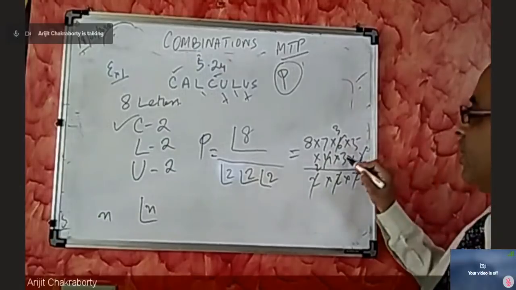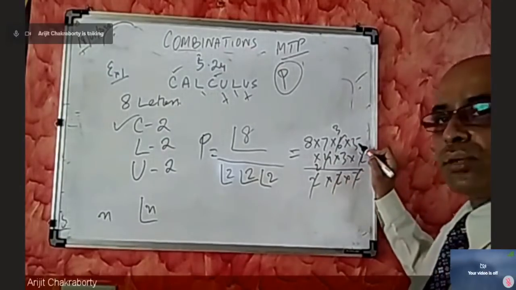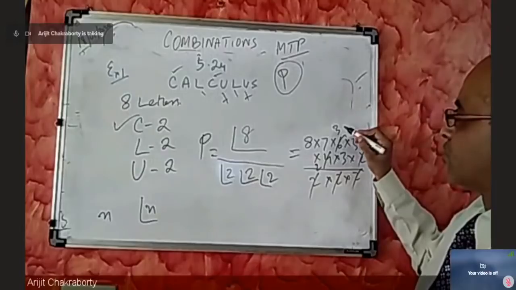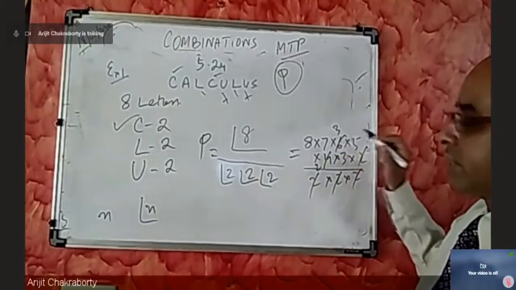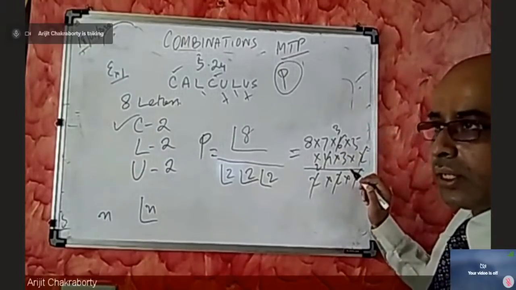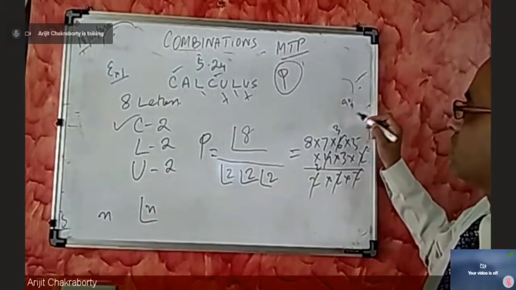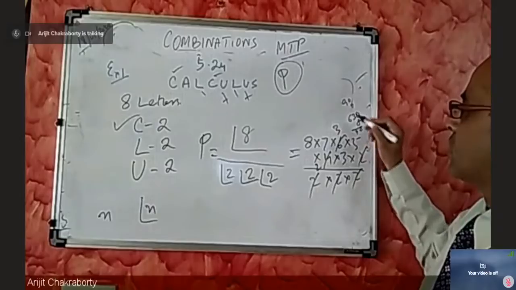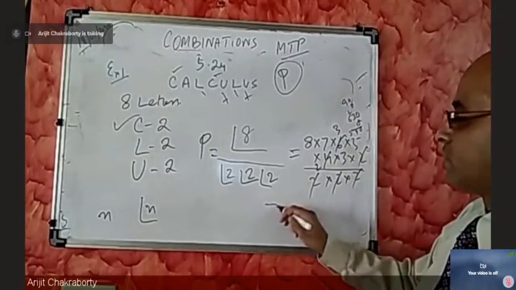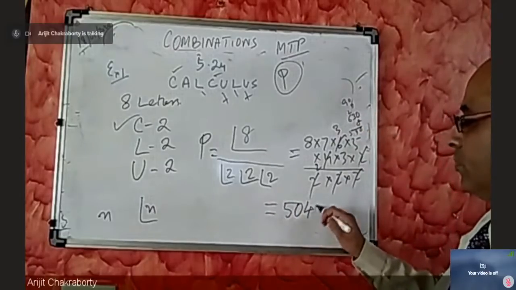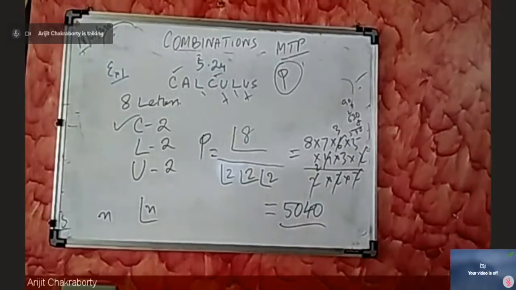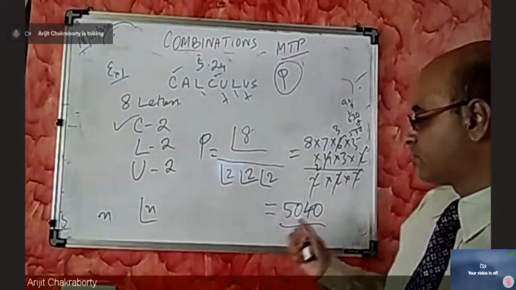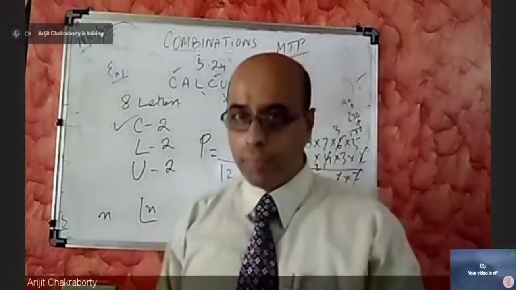So we have 3 into 2, 6. 6 into 5 is 30. 30 into 3 is 90. 90 into 7 is 630. 630 into 8 is 5040. So the arrangement can be done in 5040 ways. I hope it is clear.